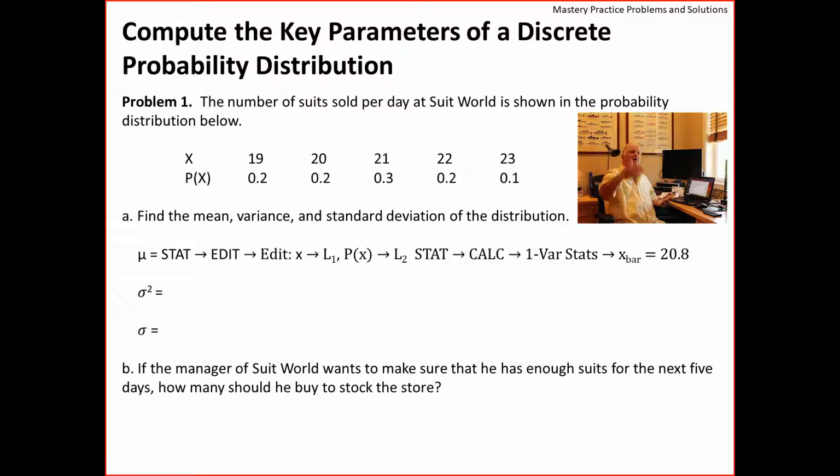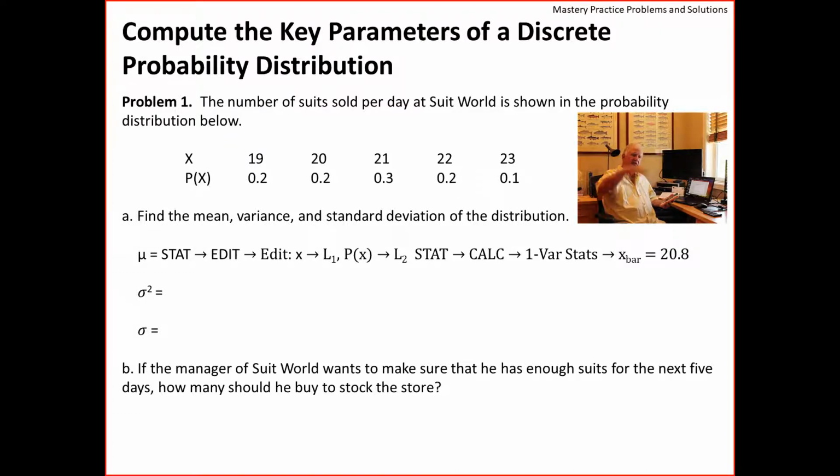Under edit, we pick the first choice, which is edit. That allows you to fill up the lists where you store your data. I would recommend you put all the x values, 19, 20, 21, 22, 23, into the L1 list. Put all the corresponding p of x values into L2.